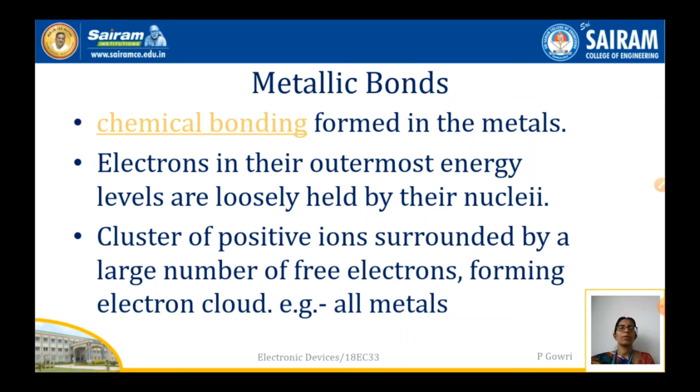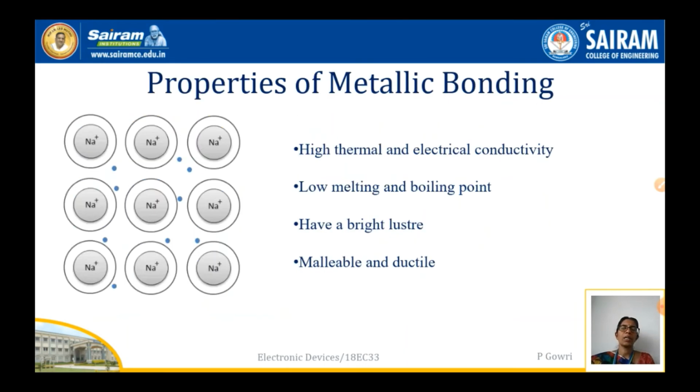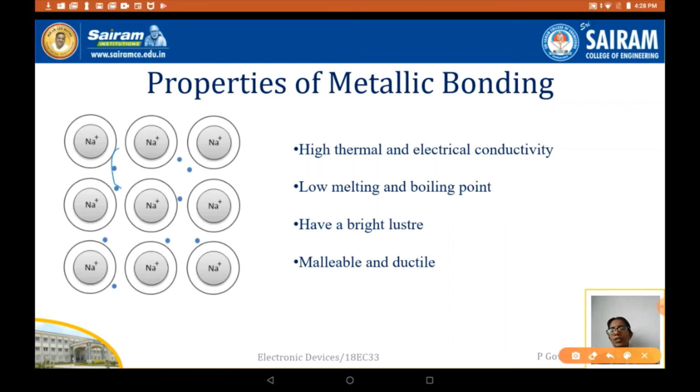So when a metal crystal is formed when these sodium atoms are brought together, the valence electron will come out from the sodium atom, and hence it results in an Na+ ion. So here we can say that a cluster of positive ions is formed, which is nothing but Na+ ions, immersed in a sea of free electrons.